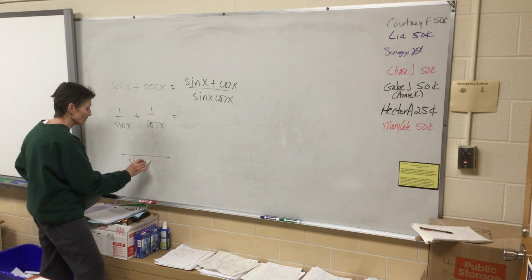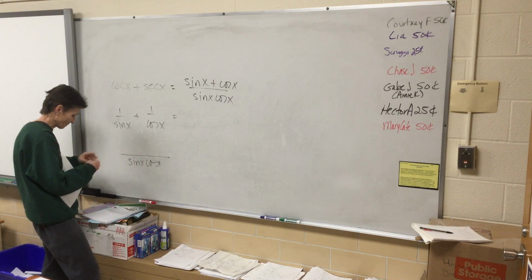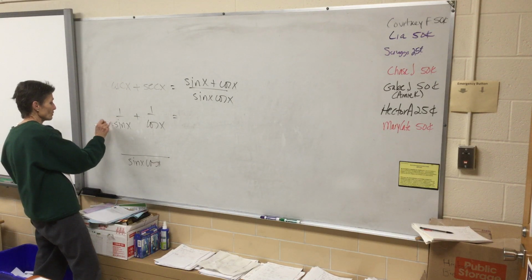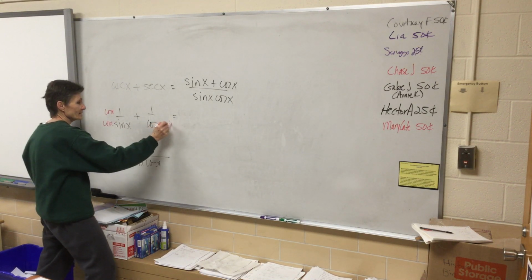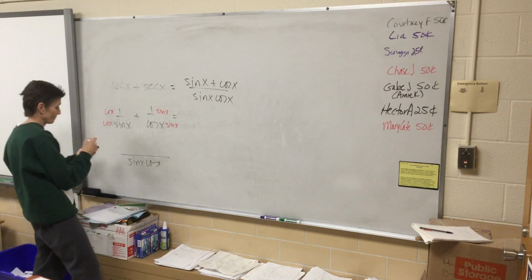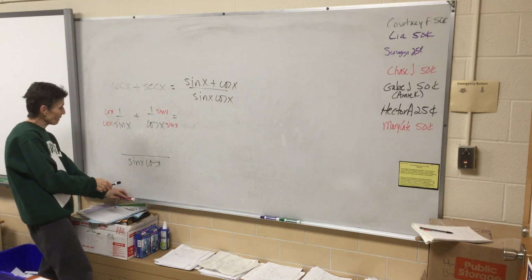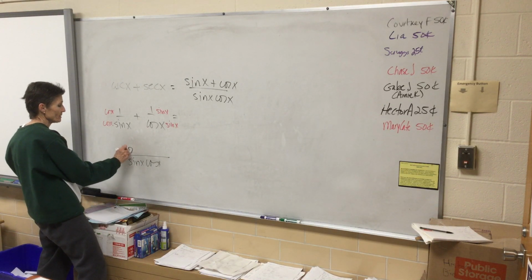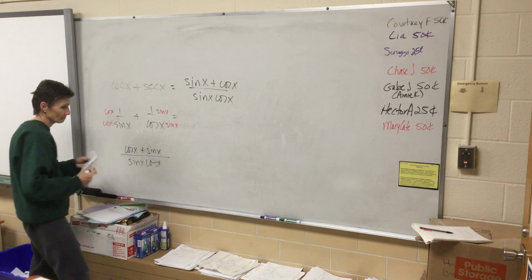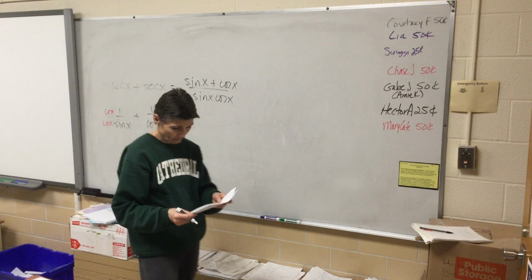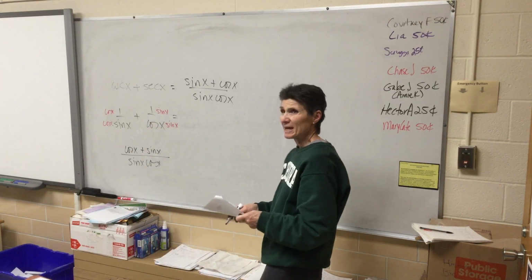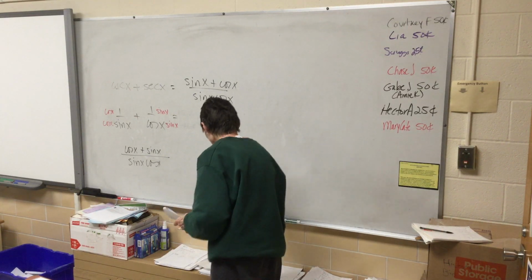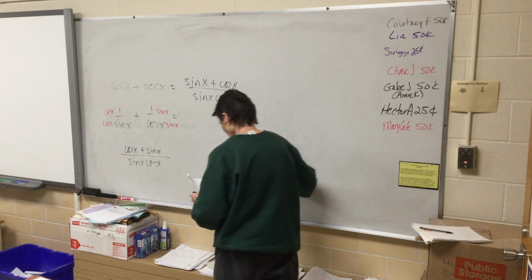And can you see what's going to happen when I get my common denominator? I think I'm going to have what I need. So I'm going to multiply this one by cosine and this one by sine. Now my denominators match, and my numerator is going to be cosine plus sine. I've put answers to all these in Schoology, so if you want to practice some more and check your work, you can.